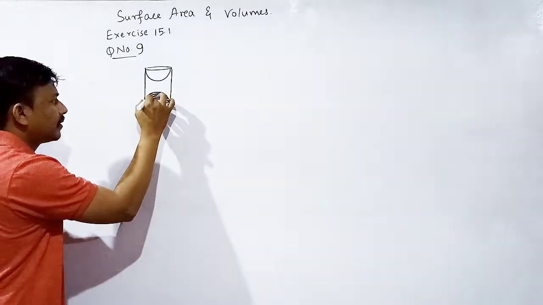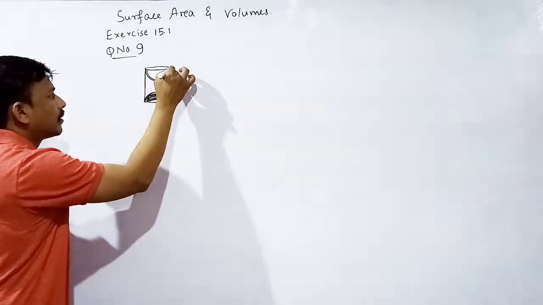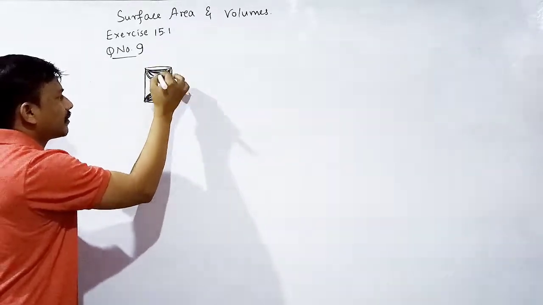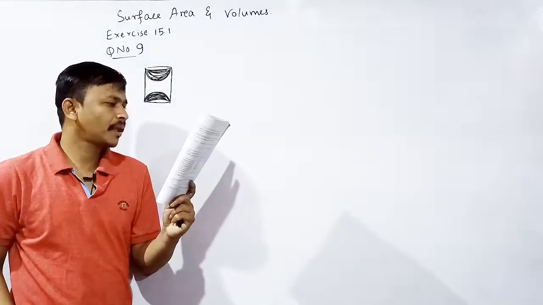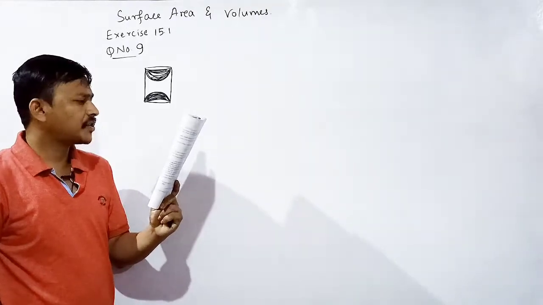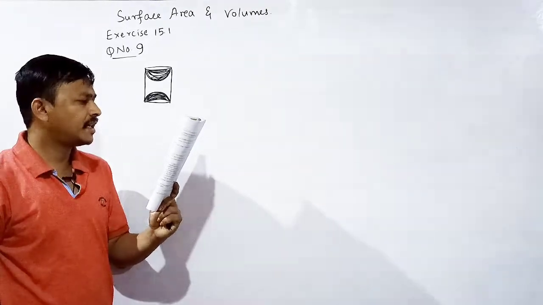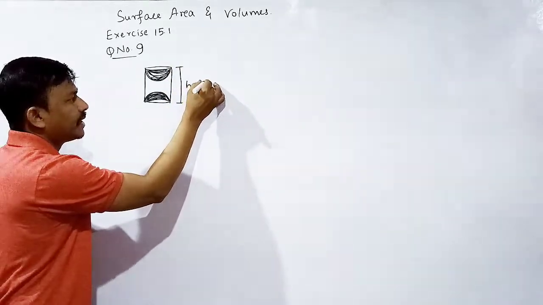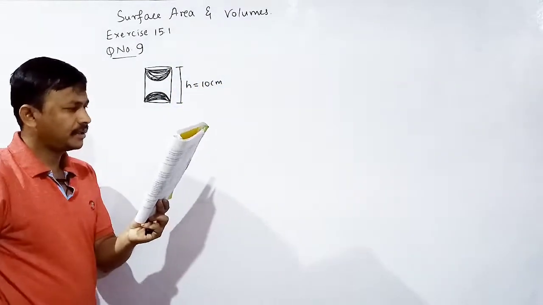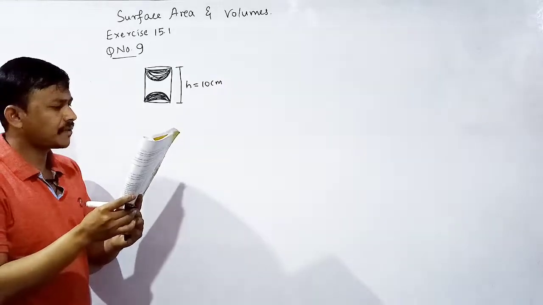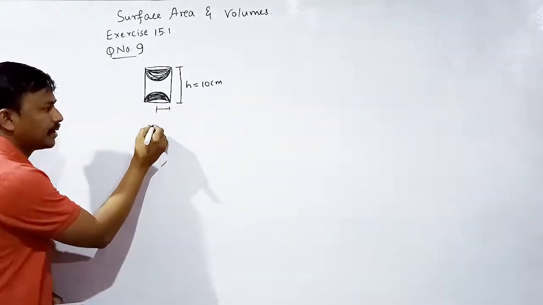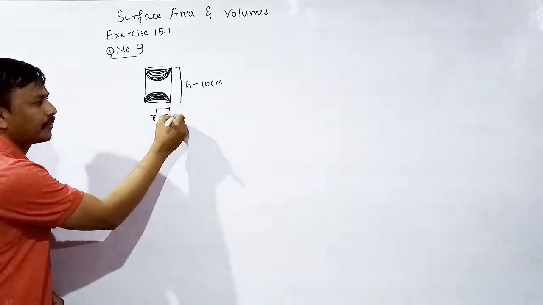These are the two hemispheres which are carved. What is the height of the cylinder here? From the solid cylinder as shown in the figure, if the height of the cylinder is 10 centimeter, what is the height here? H is equal to 10 centimeter, and its base radius is 3.5 centimeter. Radius R is equal to 3.5 centimeter.